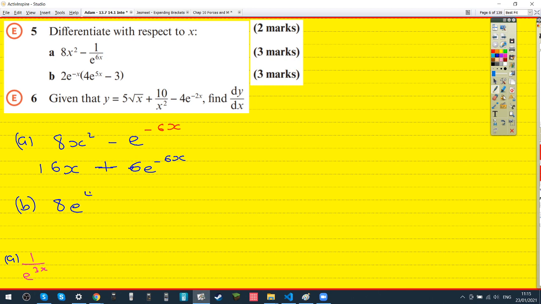Yes. Minus 6e to the power of minus x. Let's see. Yes.